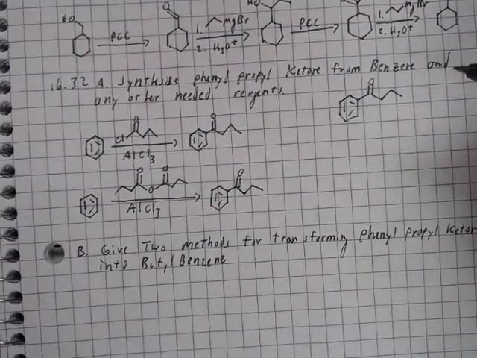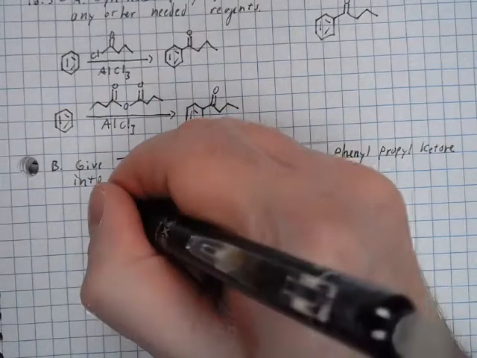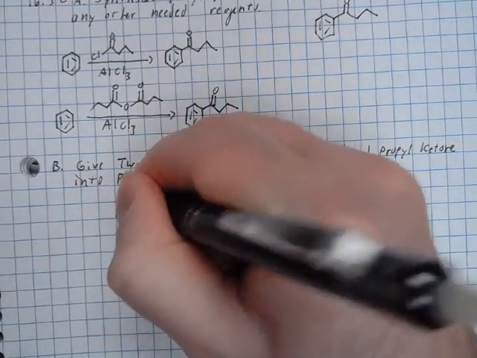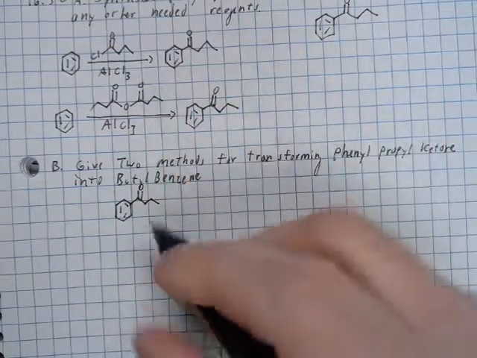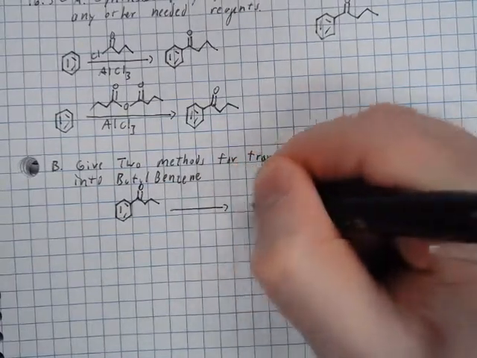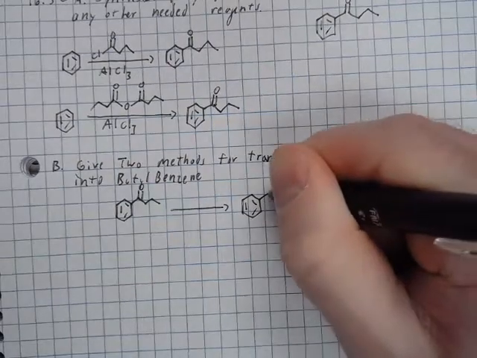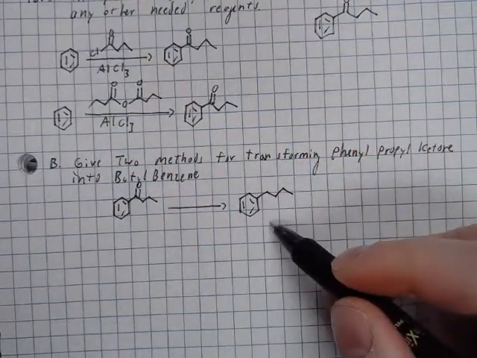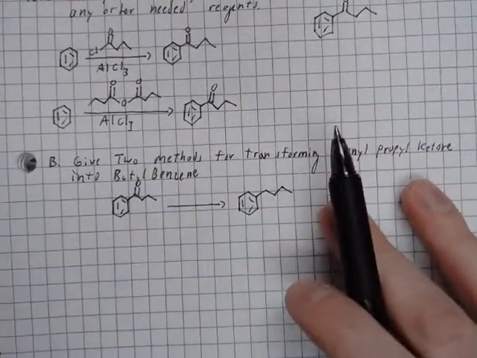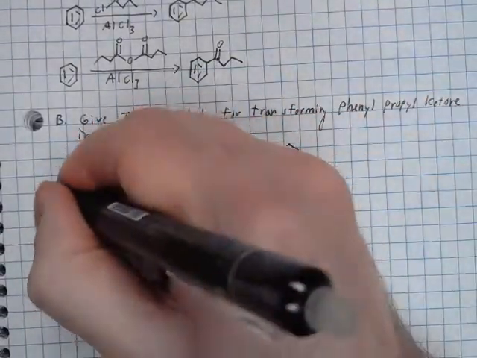Alright, so what we want to do is convert this phenylpropyl ketone that we made in Part A to this butylbenzene, which we can do simply by getting rid of this carbonyl. And so there are multiple methods that we can use to achieve this.